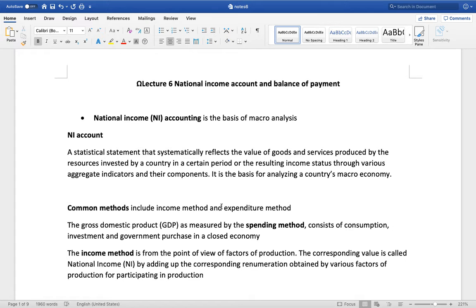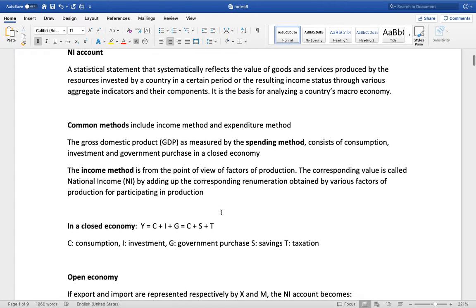In a closed economy, national income includes income from various factors of production, such as wages, rents, interest, and profits. Since any expenditure of the buyer will become the income of the seller at the same time, the GDP and the national income are theoretically equivalent.